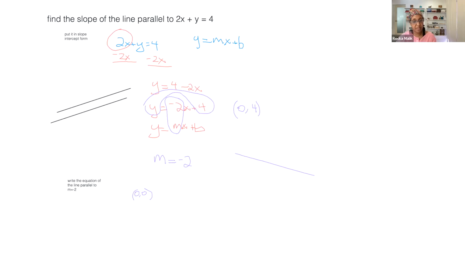the point slope form to write the equation of the line, which is y minus y1 equals m times x minus x1.